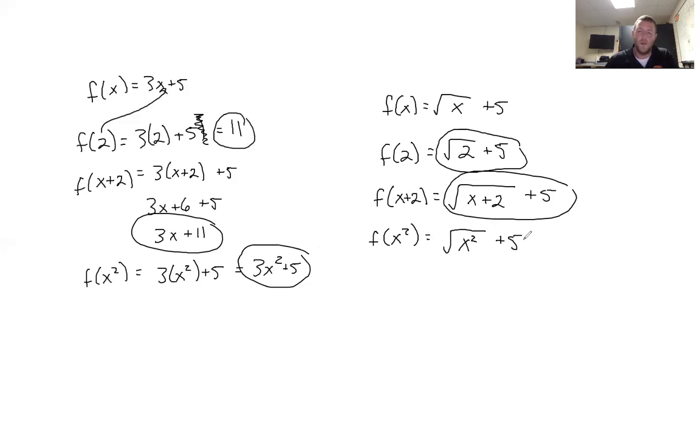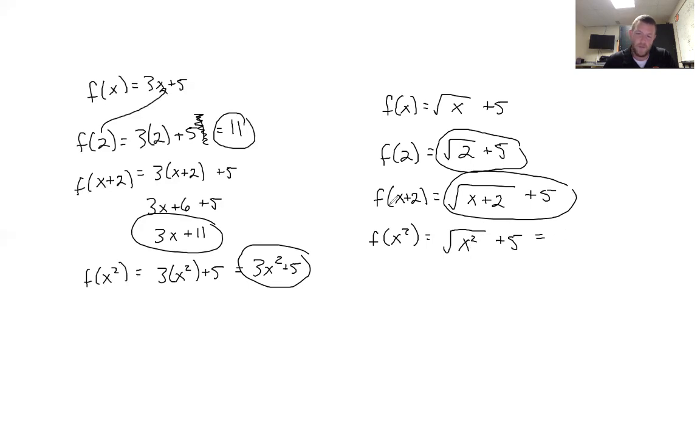Okay. Now, can you simplify this one? The answer is yes. But think about this. If I plugged in, let's say 2. 2 squared is 4. Square root of 4 is 2. 2 plus 5 is 7. So that would be the same thing as saying x plus 5, right?